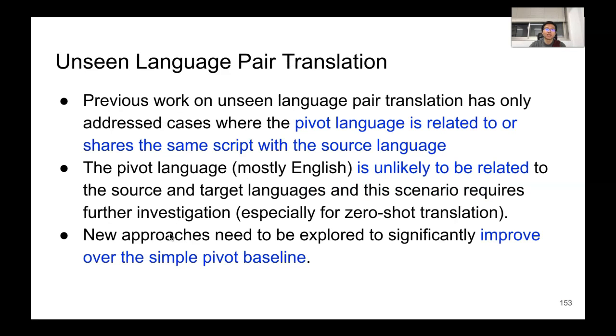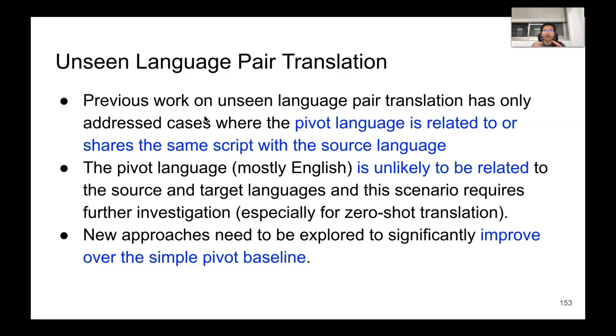And the second future direction we are considering is unseen language pair translation. Previous work on unseen language pair translation only addressed the cases where a pivot language is related to or shares the same script with the source language.